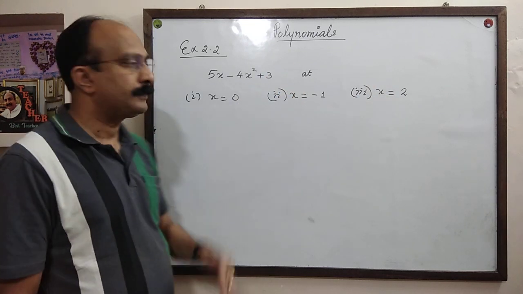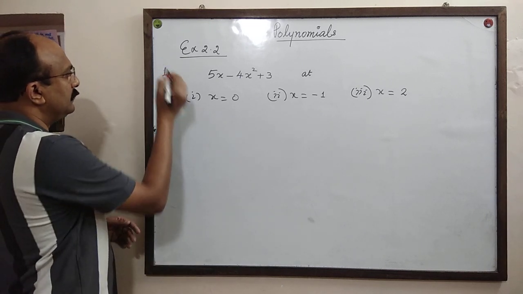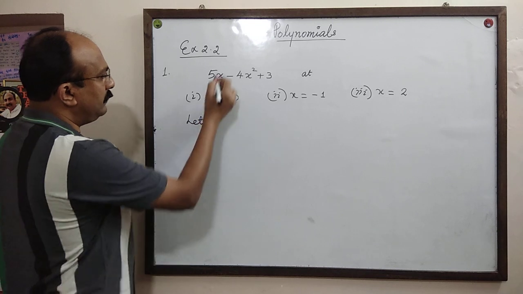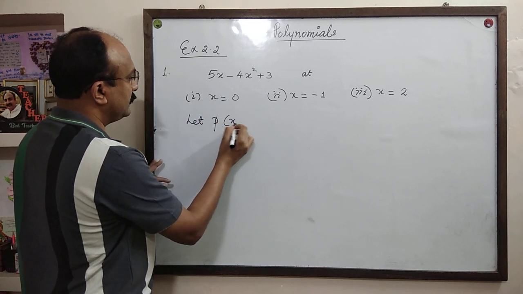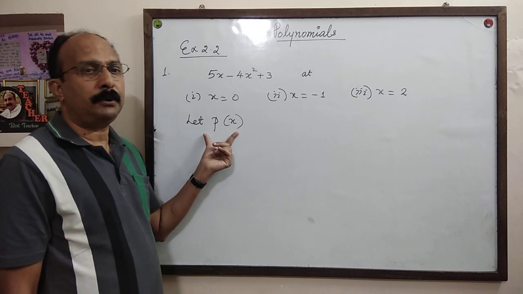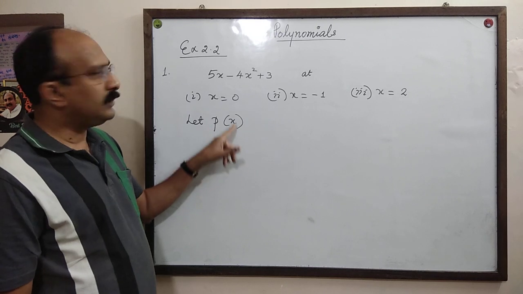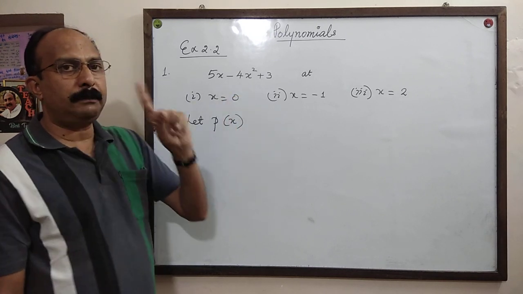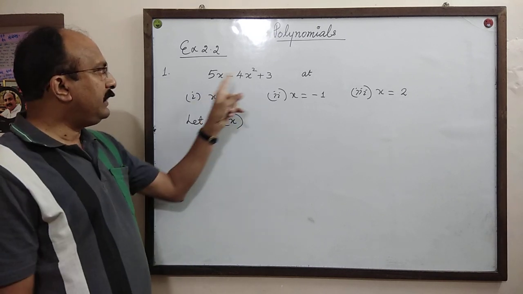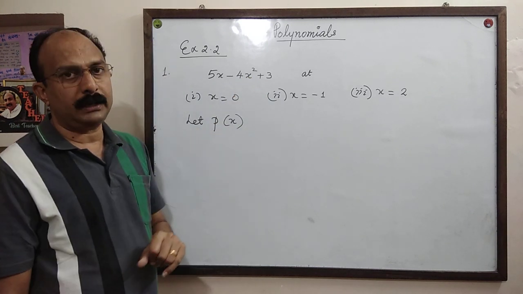Similarly this. So, in order to do this type of questions, we can do, let the given polynomial be p of x. This is the standard form of representing any polynomial. Here this p stands for polynomial, this x stands for the variable present in that polynomial. If the variable in the given polynomial is y, then we will write p of y.